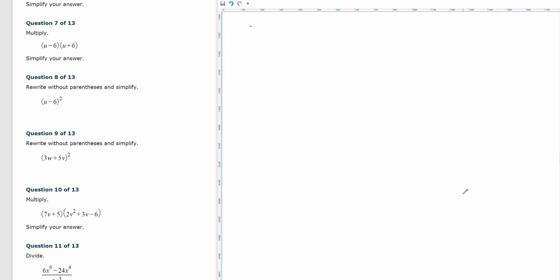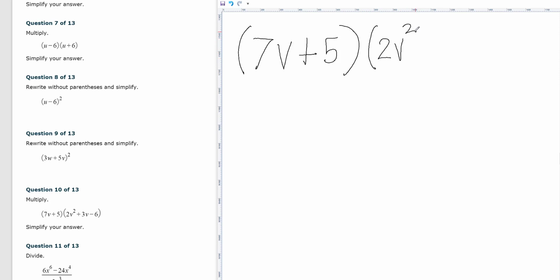Number 10. Here's why you don't want to always rely on the full rule. 7v plus 5, 2v squared plus 3v minus 6. Here, I'm going to use my method where I ignore part of it.